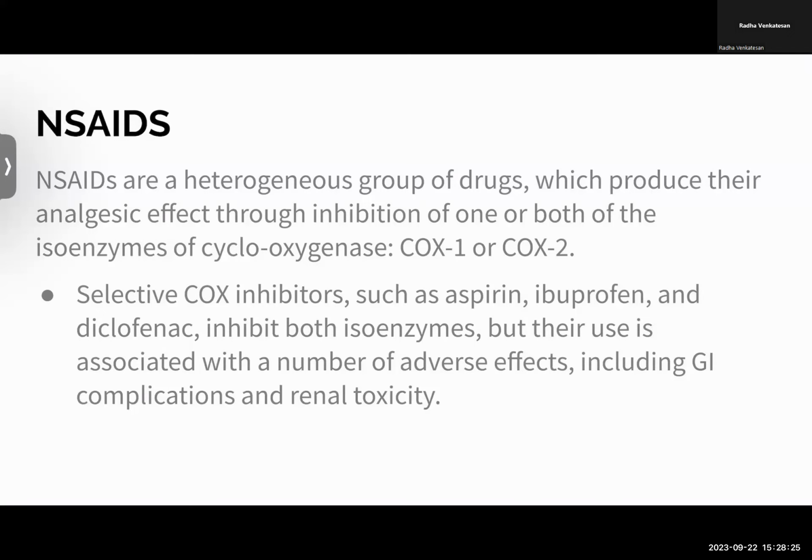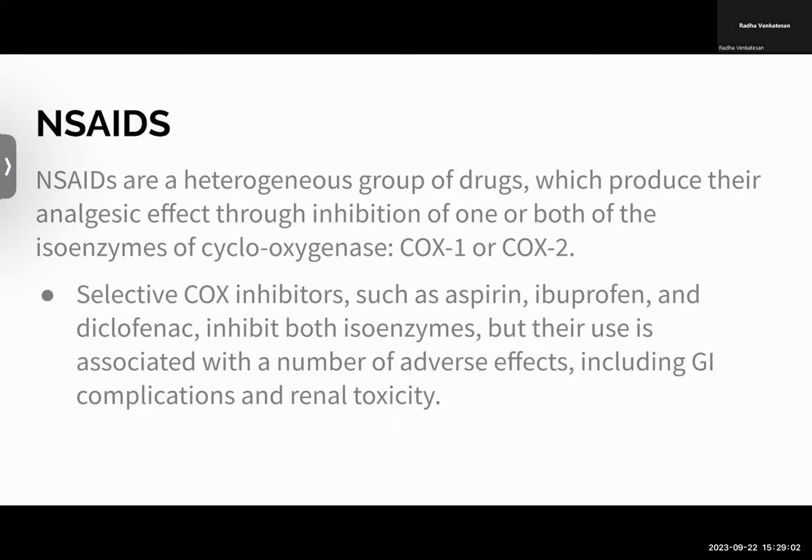But even though they are said to inhibit these, their use is associated with a number of adverse effects, which are GI complications and renal toxicity, which have to be kept in mind very clearly. Both COX-1 and COX-2 have their own plus and minus. If it is COX-1, GI disturbance is very common, and COX-2 is said to have less GI disturbance.